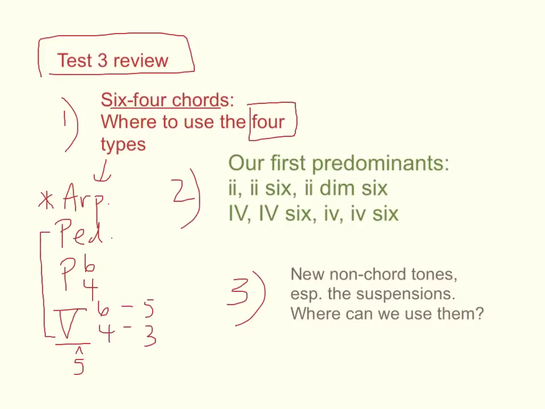The next topic we learned is we added some predominants to our phrase model. The 2 chords that we added in major keys are 2 and 2/6, and in minor the 2 diminished 6, but not the 2 diminished 5/3, since it's not very common to use diminished triads in root position.